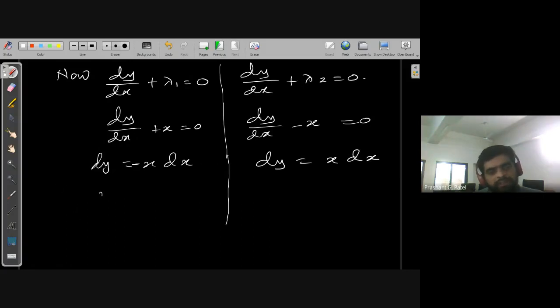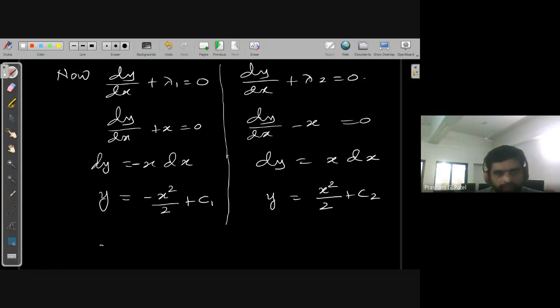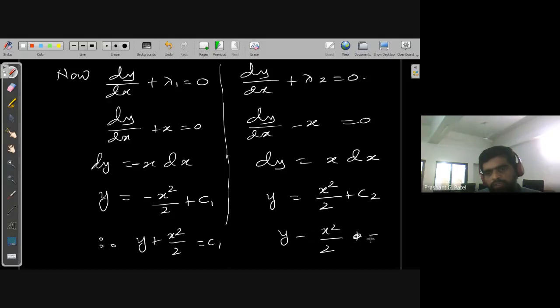If we integrate, this gives y equal to minus x square by 2 plus some constant c1, and here we have y equal to x square by 2 plus some constant c2. So hence we have two solutions, that is y plus x square by 2 equal to c1 and y minus x square by 2 equal to c2. So these are the two solutions of this one.